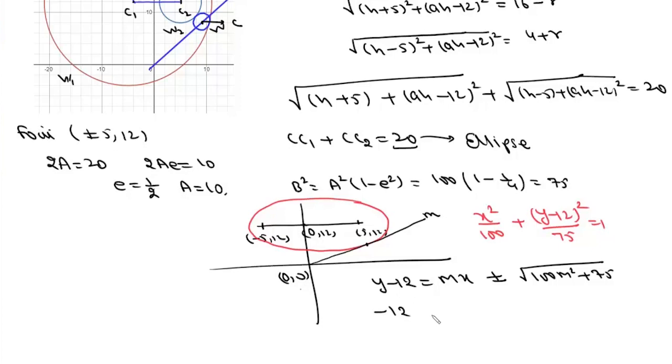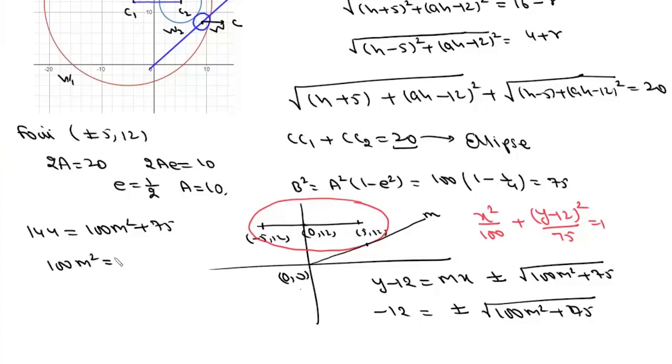So there will be minus 12 equals plus minus under root of 100 m square plus 75. Now we square it, we can write 144 equals 100 m square plus 75, or 100 m square equals 69. So the value of m square is 69 by 100.